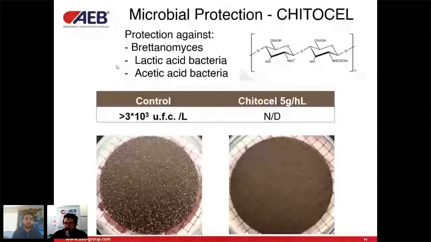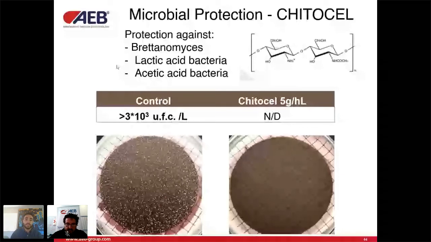CAEB developed a new product called CHITOCEL, which is based on chitosan. Chitosan is a molecule that comes from fungi, and because it's positively charged in wine, it reacts with the membrane of these spoilage microorganisms and causes their death.